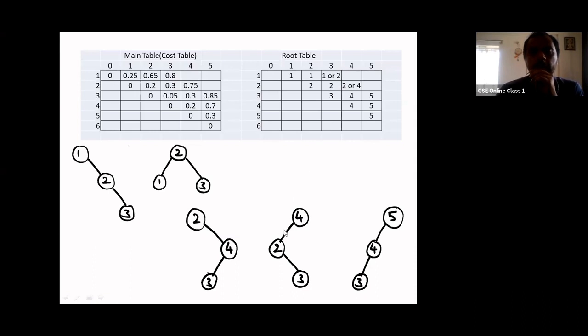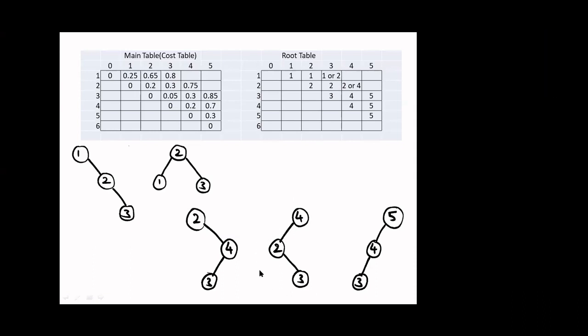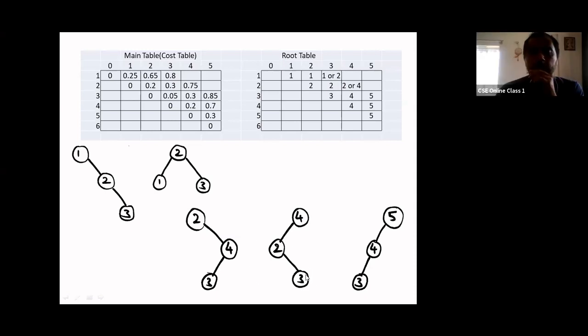So therefore 2 becomes the root or parent of the right subtree, and the leftover one is key 3. Key 3 is alone, so there are no more computations. It will become the right child of 2. That is the case of 2 to 4.